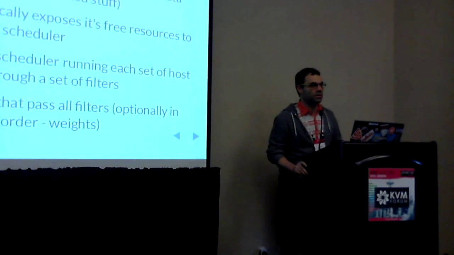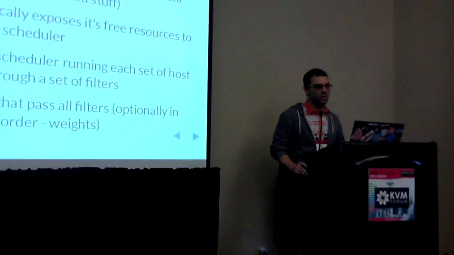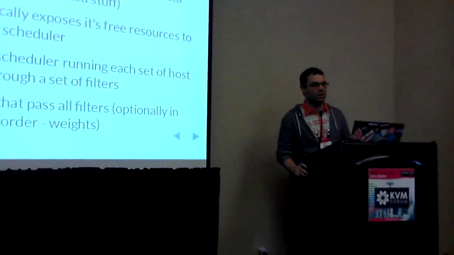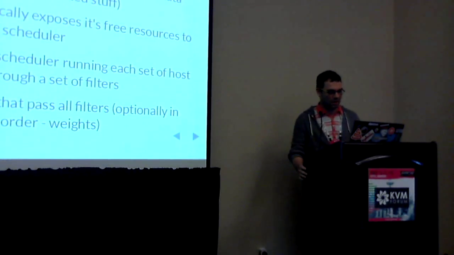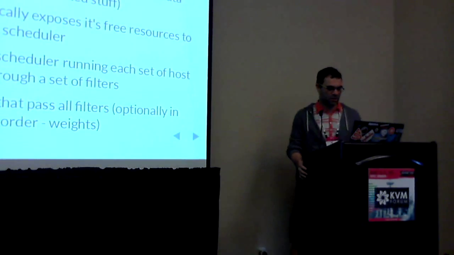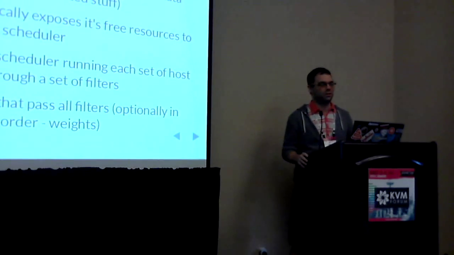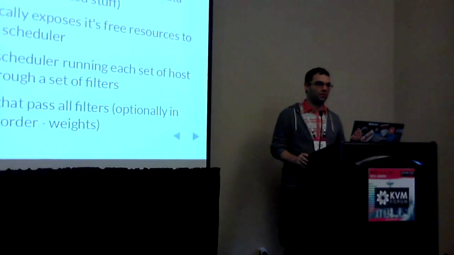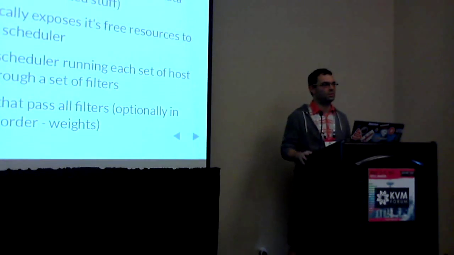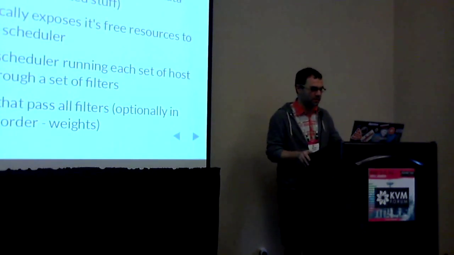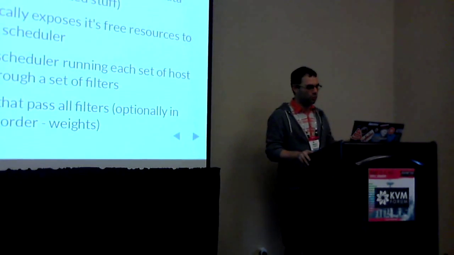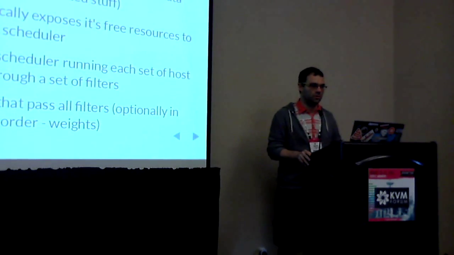So the way it works is that each compute host exposes its resources to the central scheduler, and for each request, the scheduler runs a set of filters, which is basically a function that says yes or no based on my policy. This host fits, or passes, or doesn't pass, and it runs this in a loop through a list of all the hosts it knows about.